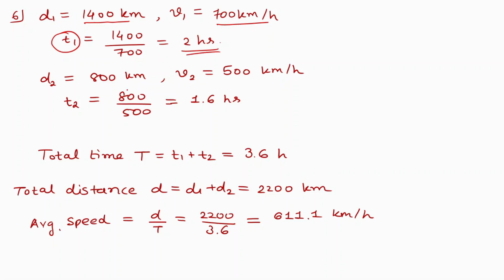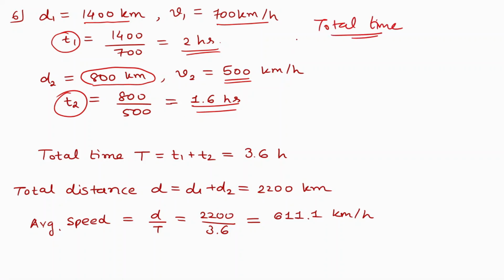Now its speed decreases and it attains the speed of 500 kilometer per hour, and at this speed it covered 800 kilometer. So for T2, we get 1.6 hour. We need the total time, so we just add these two quantities. You will get the answer 3.6 hour.